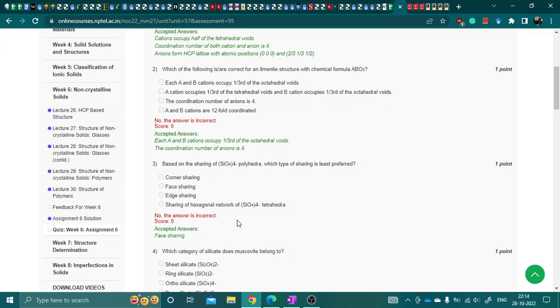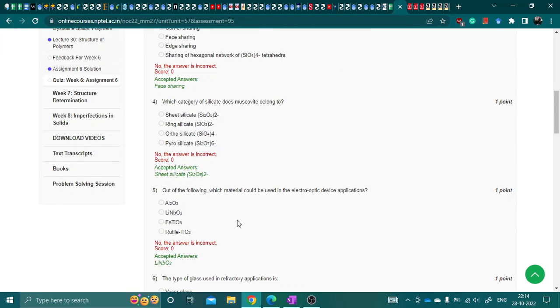In face sharing, there will be the least separation between the cations, so the repulsion will be larger, and that will be least preferred. Corner sharing and edge sharing are the most preferred, because the cations are far apart, so there is less repulsion. So the least preferred is face sharing, and that is the correct answer.